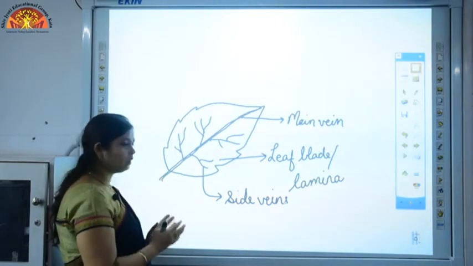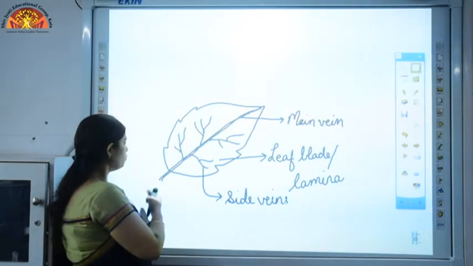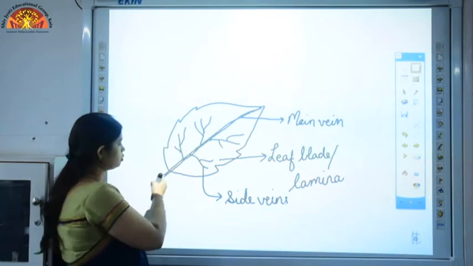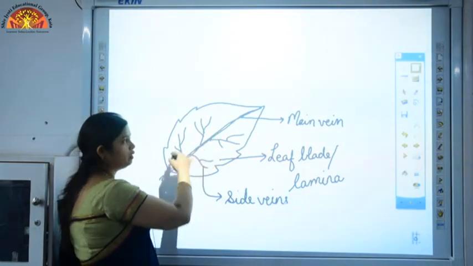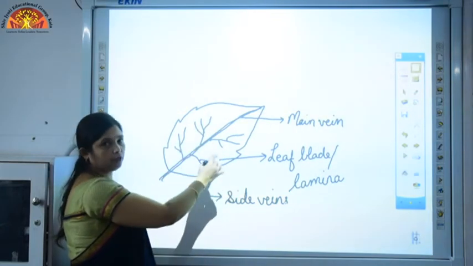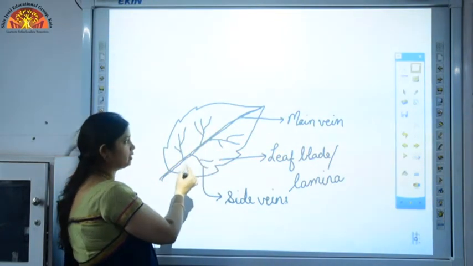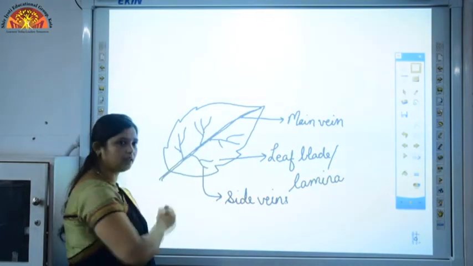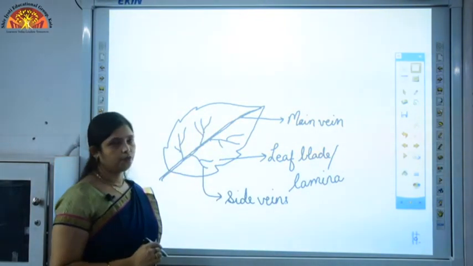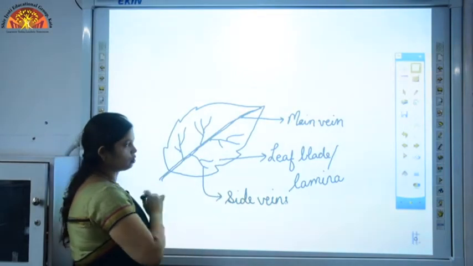When the stem brings water and minerals to the leaf, these veins transport them throughout the leaf, and the food which is prepared in the leaf is also transported from the whole leaf to the stem so that it can be transported further. So this is about the structure of a leaf.